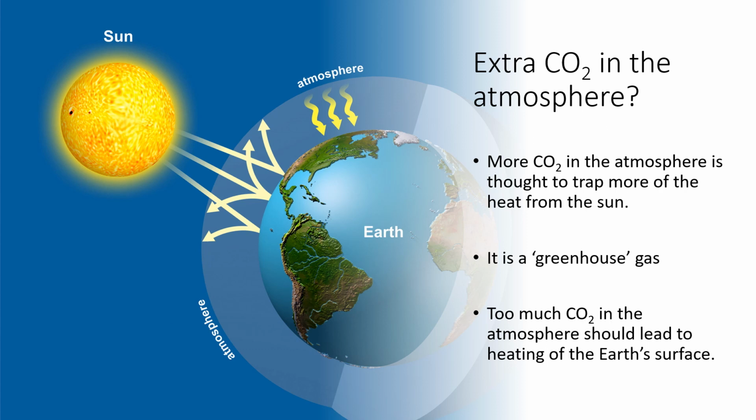That means it traps heat within the Earth's atmosphere, and therefore the more of it we have in the atmosphere, the more heat that gets trapped from the sun ultimately, and therefore we lead to a heating of the Earth if we have more carbon dioxide in the atmosphere. So the transfer from the stores in the Earth to the atmosphere very rapidly might ultimately lead to a heating of the Earth's surface. And this is the theory behind things like climate change.